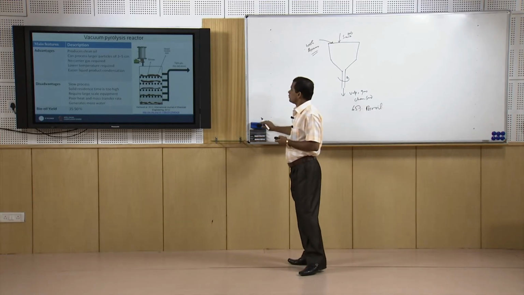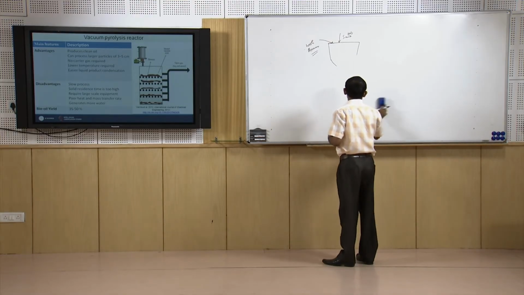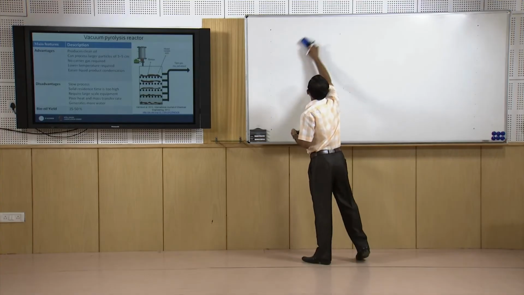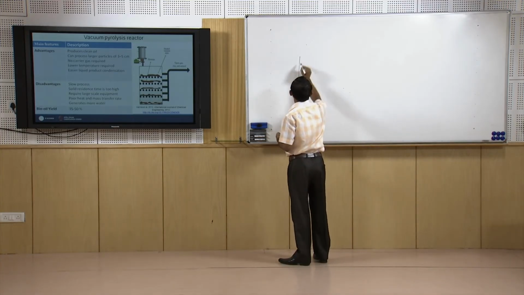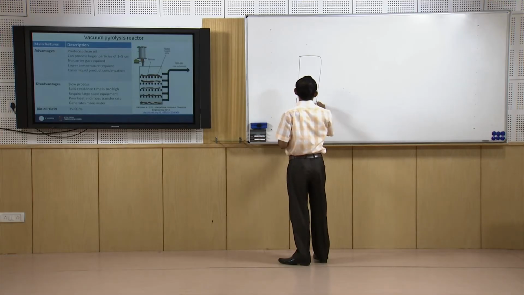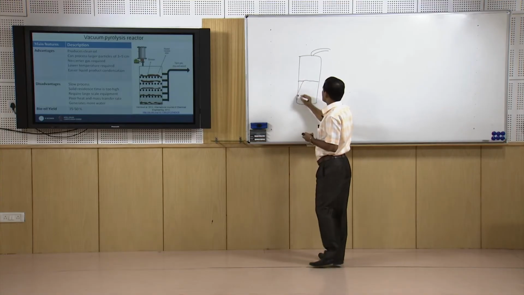Next we will come to the vacuum pyrolyzer. In the case of the fixed bed pyrolysis reactor we had seen that the material is in the lower part of the reactor.